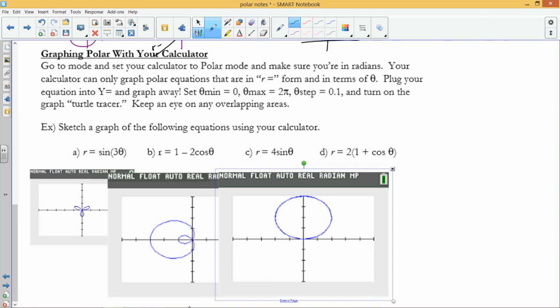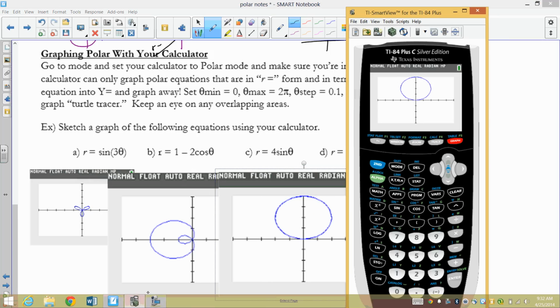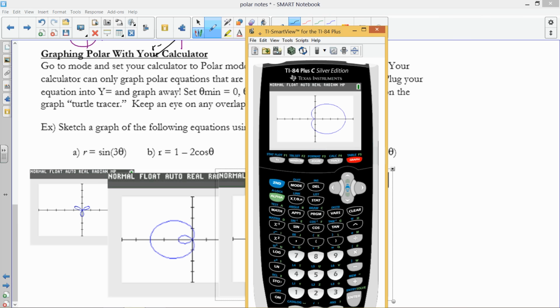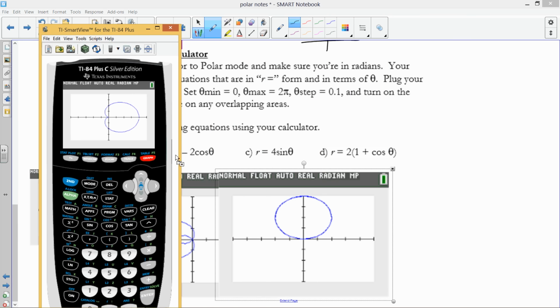And then 2 times 1 plus cos theta. And if we graph that, we get this thing, which is a cardioid, because it kind of looks like a heart-ish.